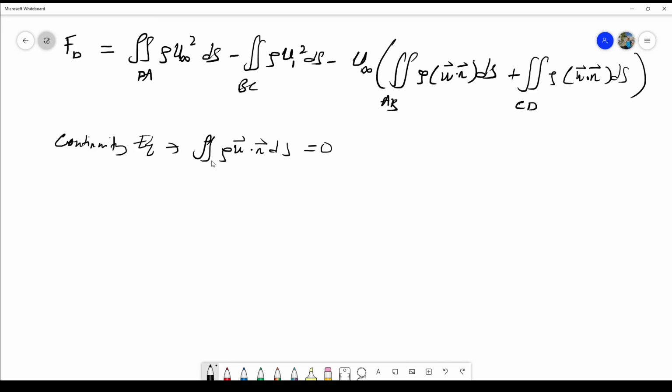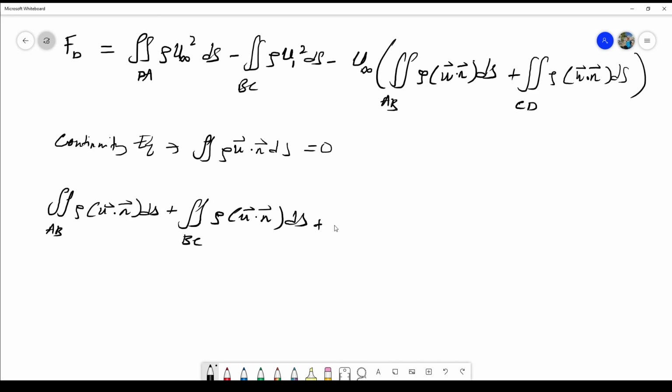So if we develop the same equations and integrate over the control surfaces of our control volume, we will obtain that the continuity of mass in our control volume is equal to the integral of rho u·n ds, plus the integration from the surface BC multiplied by u·n ds, and plus the one on the surface CD.